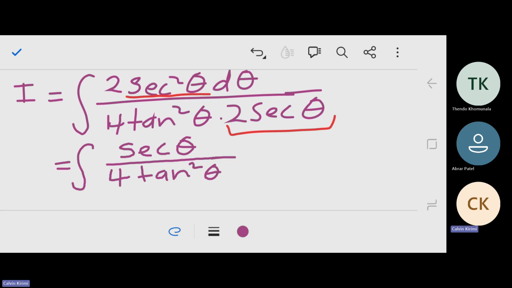You can put it on the numerator if you want, or you can put it outside. Fine, d theta. So that's what we have.